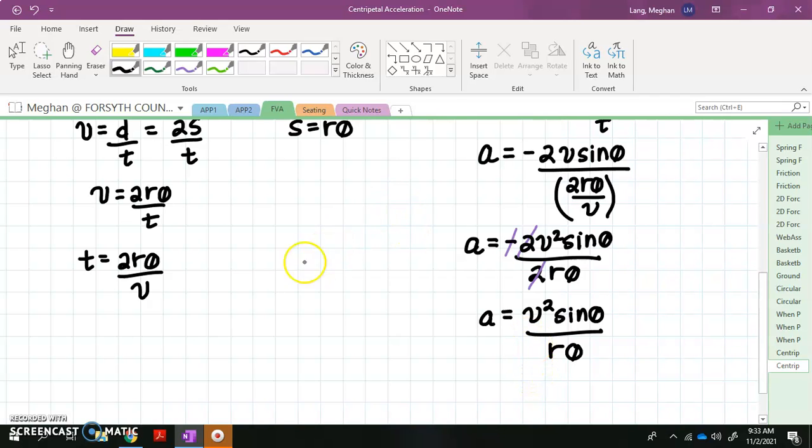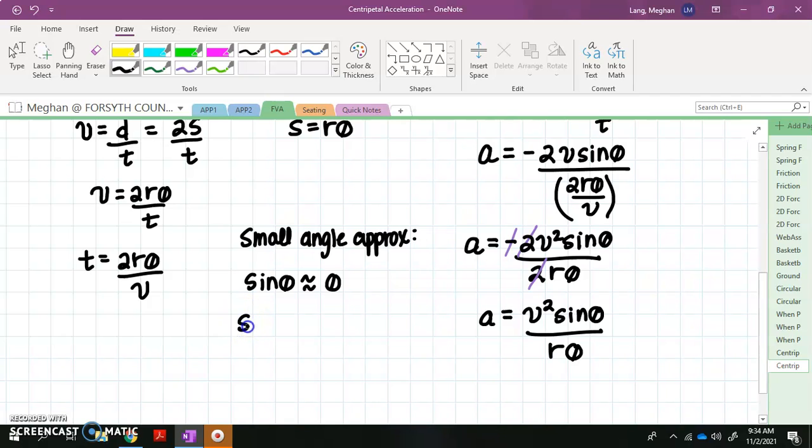Now, for this last bit, we have to use something that's called the small angle approximation. The small angle approximation means that at small angles, the sine of an angle is basically equal to the angle.